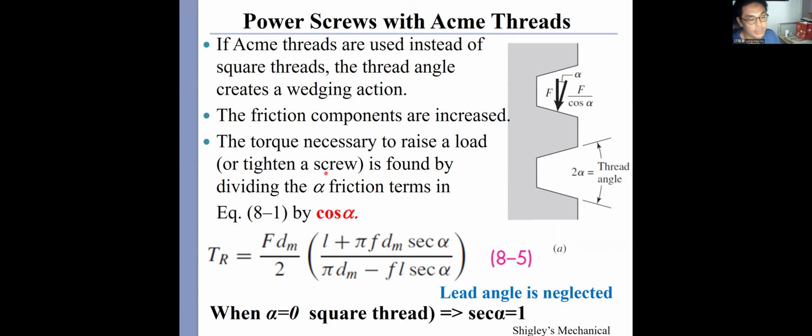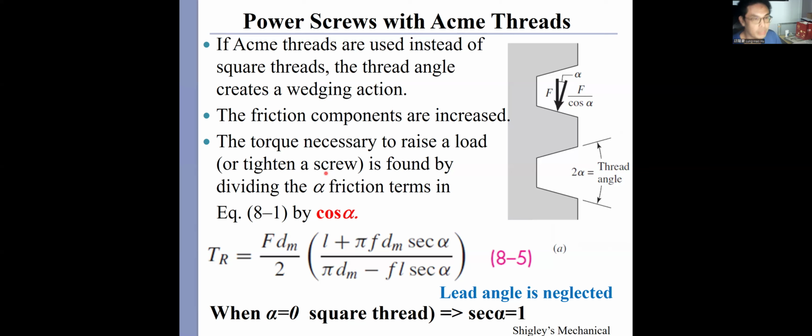Of course, geometrically, we can figure out the square thread should have higher efficiency to transmit power, right? Why?